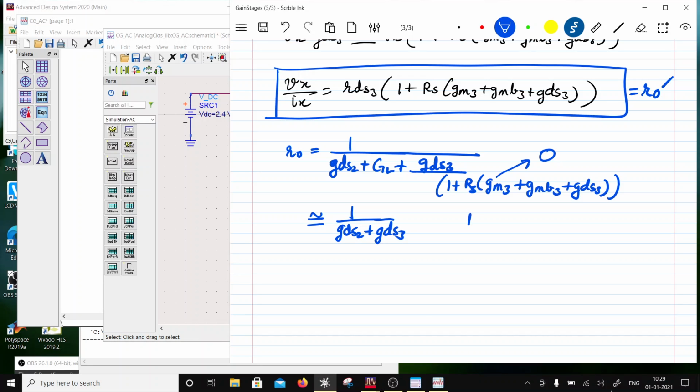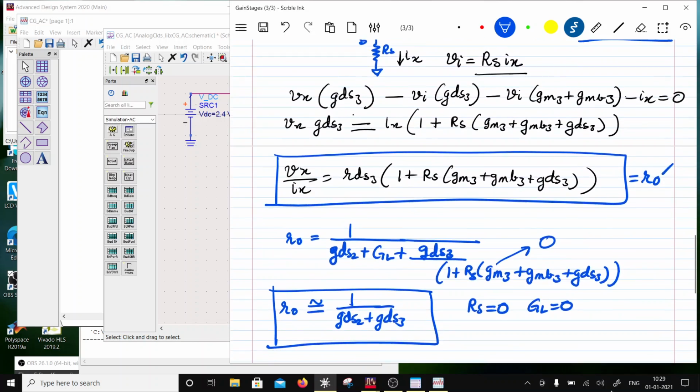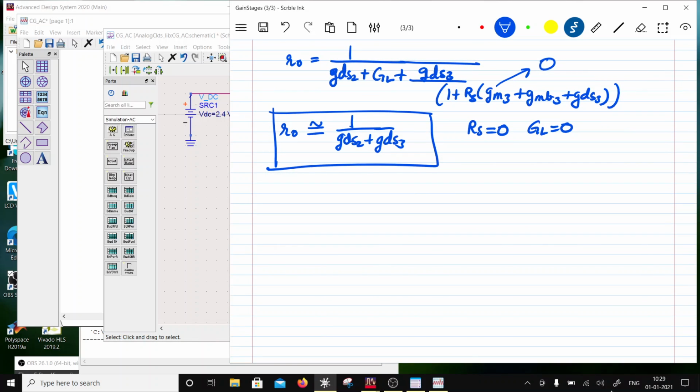So this is under a condition Rs equals 0 and GL equals 0. In this case RO is the same as that for a common source. Now with this said, we know what the advantages of a common gate amplifier are.